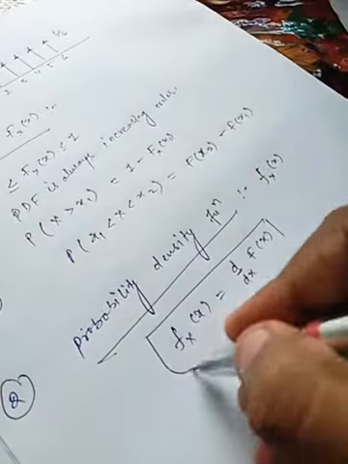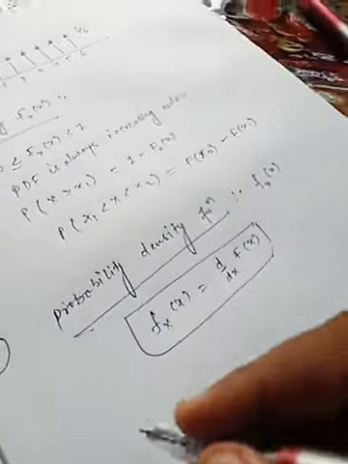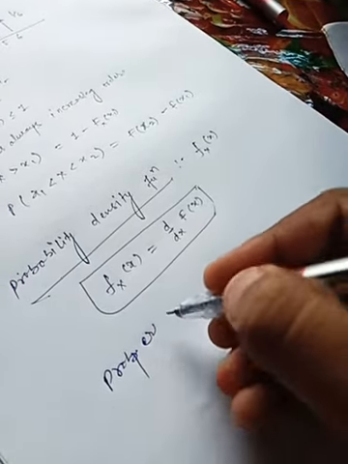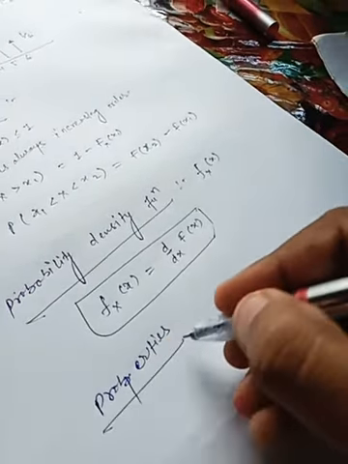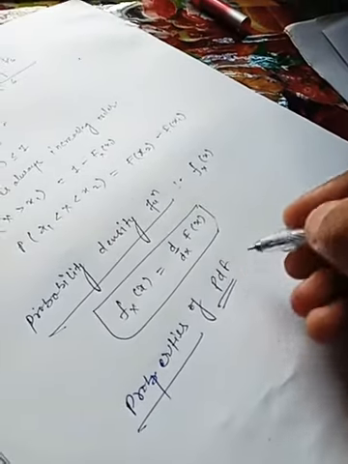This is the definition of the probability density function. And then, properties of PDF.